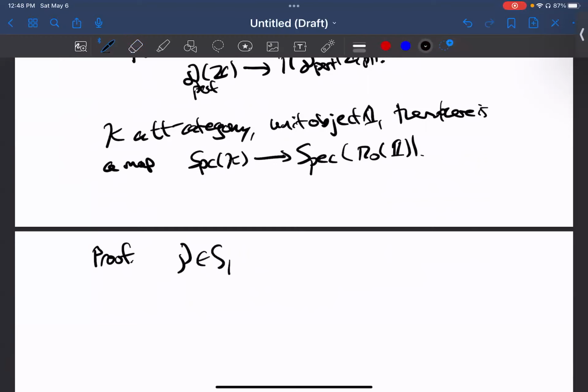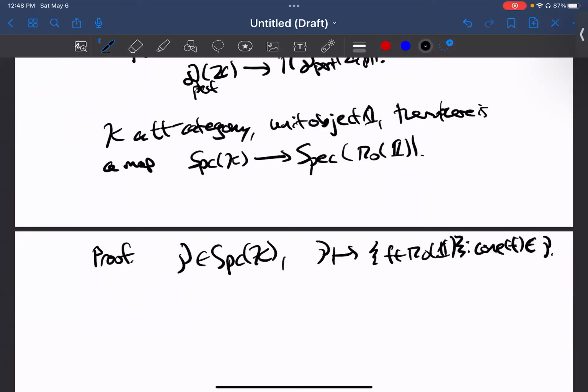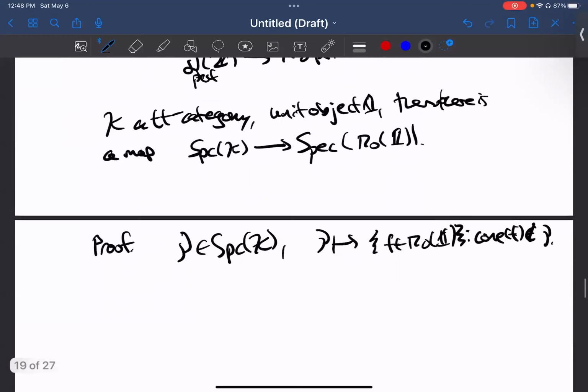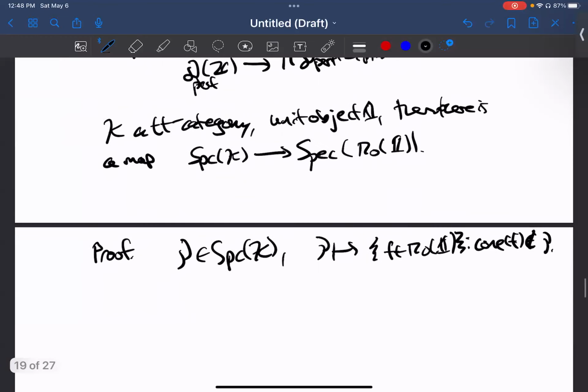So if we have P in the spectrum of K, then I'm going to map P to the set of f in pi0 of 1, such that cone of f is, I'm not sure if it should be in or not in. We're going to find out by the proof. I'm going to change this if it should be the other way. We'll find out. Wait. It should be not in. Yes, it should be not in. Okay.